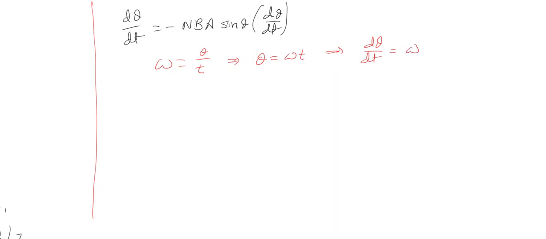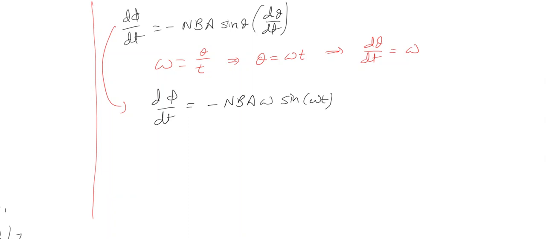So this equation can be written as d phi by dt equal to minus NBA omega sine of omega t.